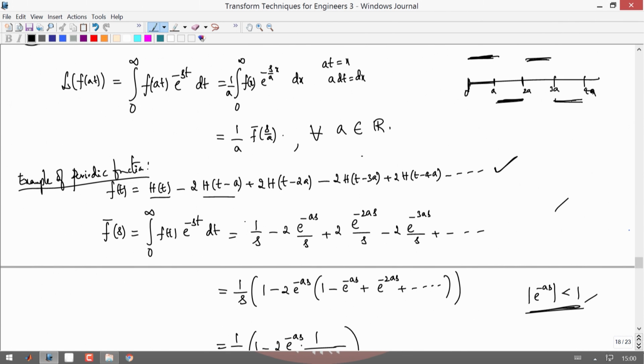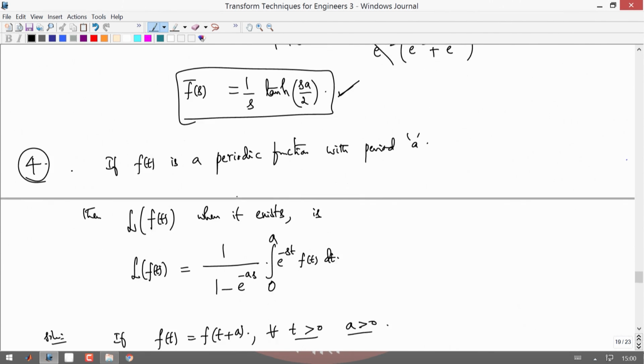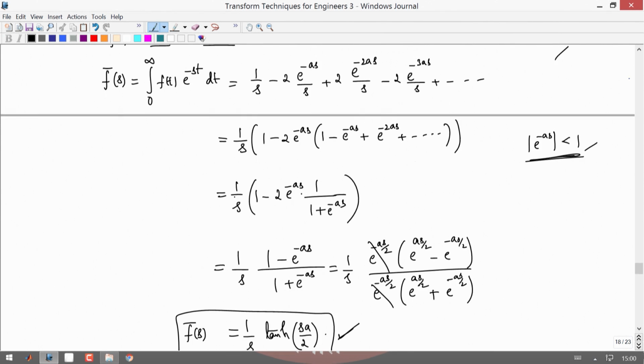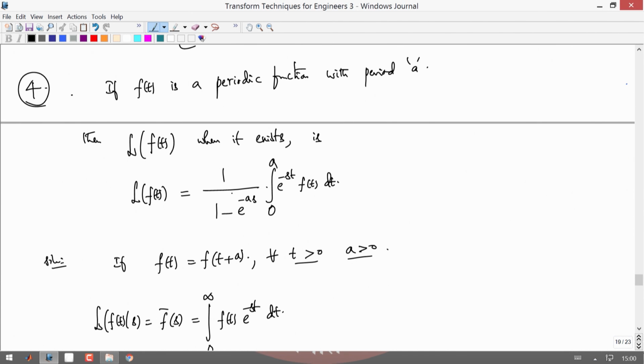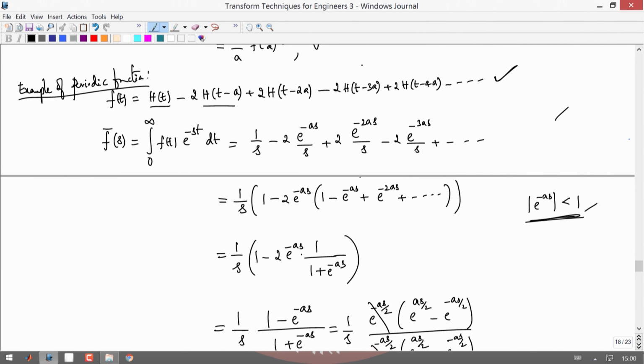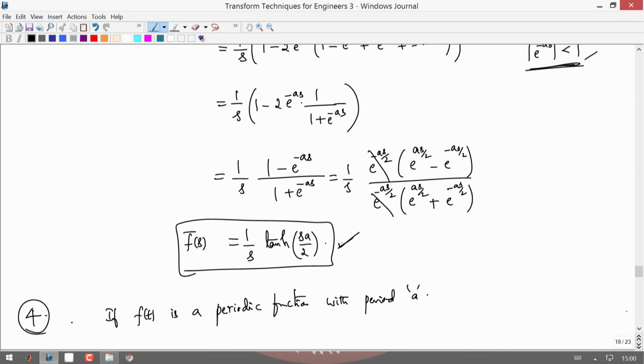So that is property 3, and you have seen the periodic function: if you have one, its Laplace transform is given by this formula. If you apply that formula to this function with period 2a, you can come to the same conclusion, that is this.